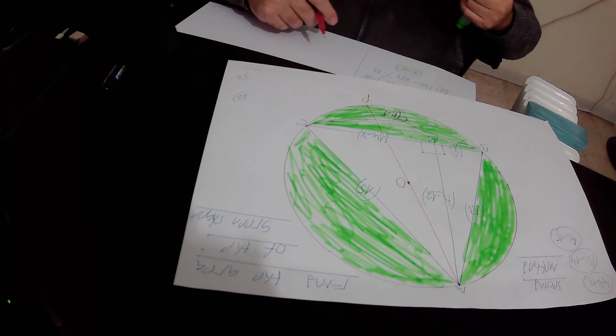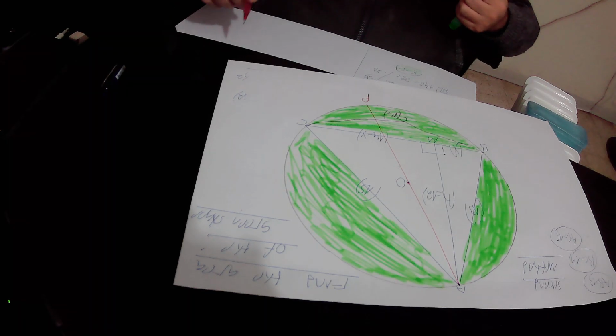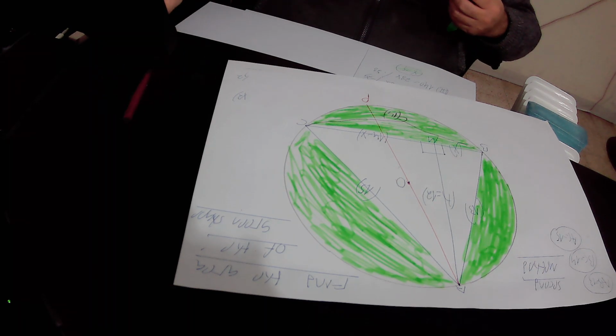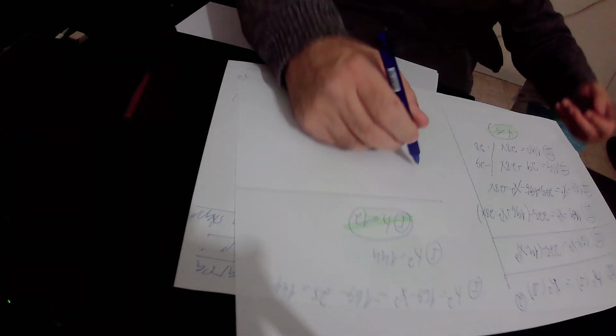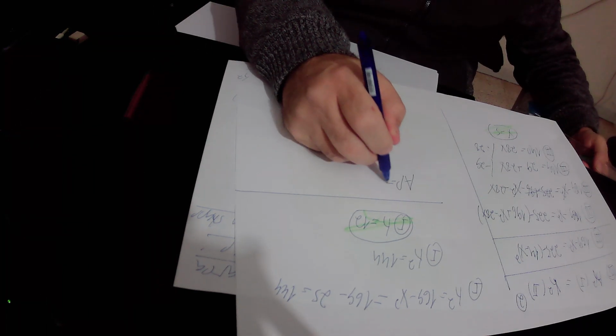Therefore, chord AP is the diameter of the circle. I write it down here that AP is the diameter of the circle.